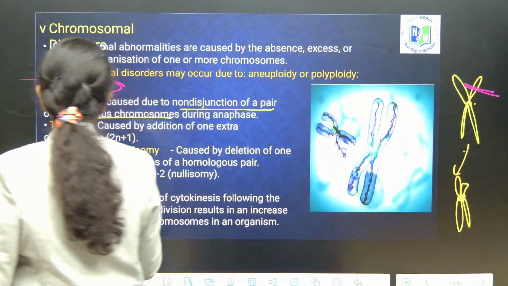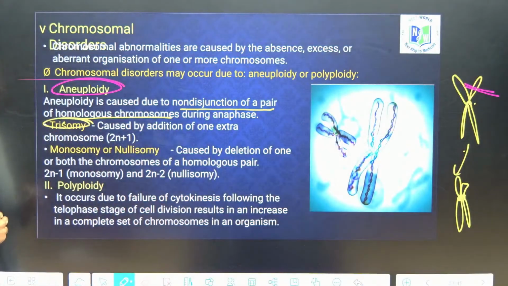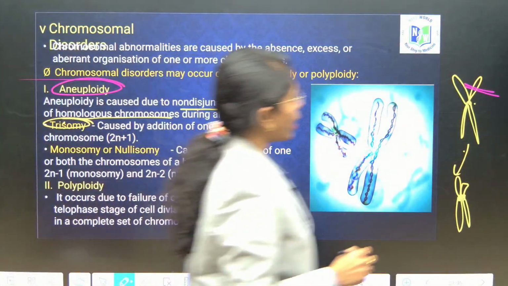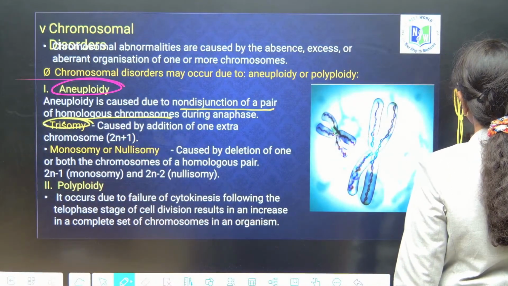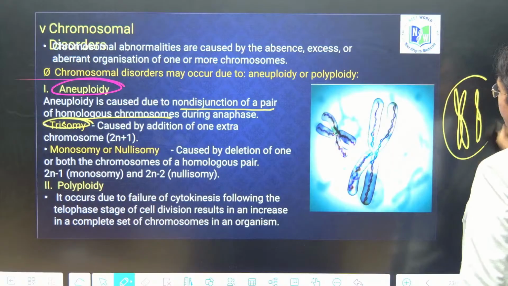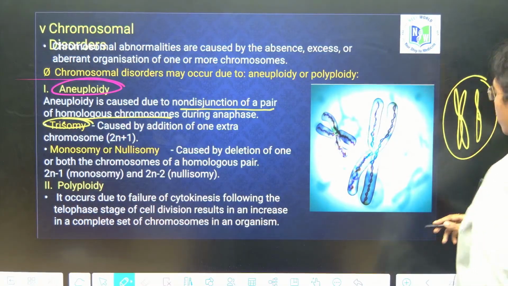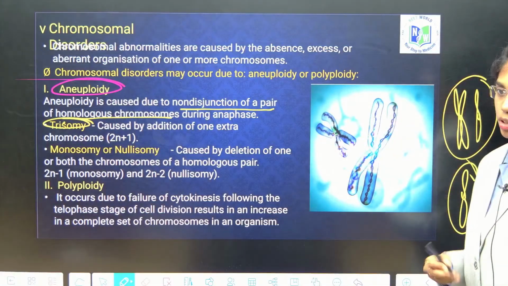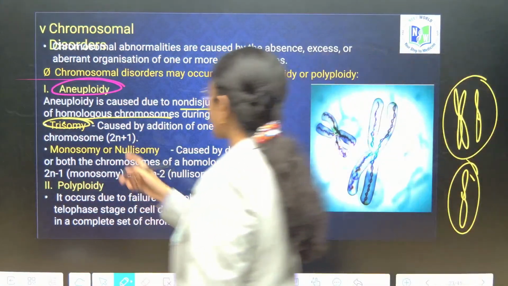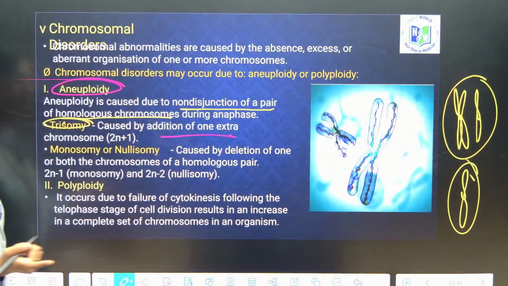Fine, right? Likewise, it can be trisomy, means along with a diploid set, an additional chromosome you are getting. This is the trisomy condition. Monosomy means only half of the chromosomes are getting into the cell. Trisomy is caused by addition of one extra chromosome.